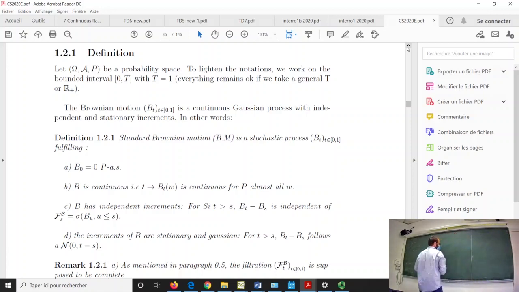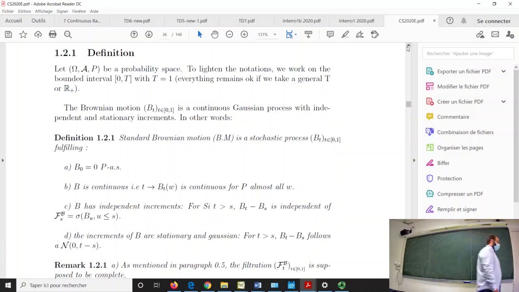The third point of the definition is what we call the independence of the increments. It tells me that if t is greater than s, then B_t minus B_s, so you have the time s and the time t, is the increment of the process on the interval [s, t], final value minus initial value.